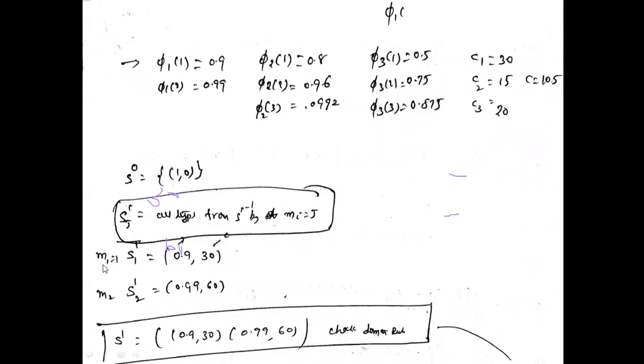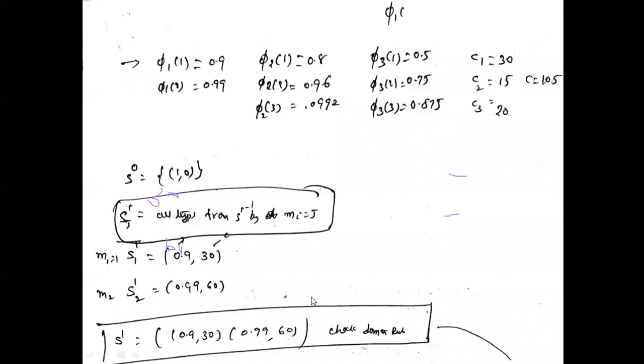That means M1 equal to 1 means j equal to 1, so S1 power 1. S power 1 represents the first stage, and S1 represents the number of devices in the first stage.